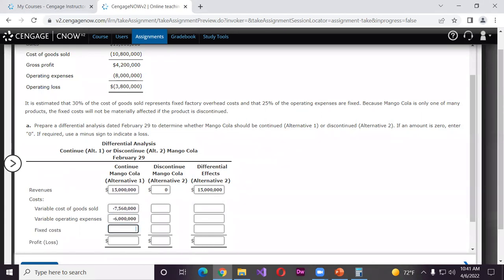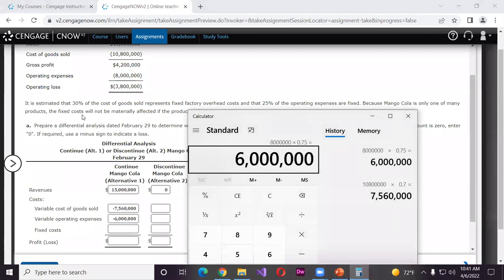And then to find our fixed costs, unfortunately, we have to, in essence, take 30% of the cost of goods sold and 25% of the operating expenses.